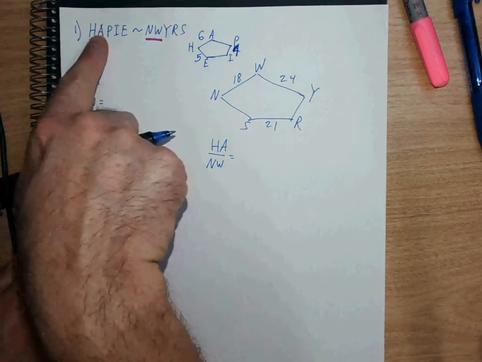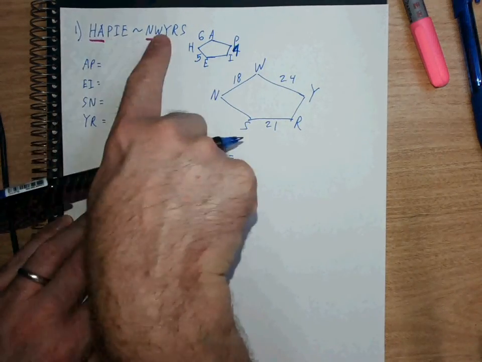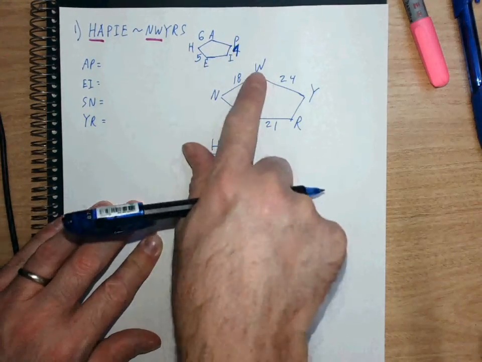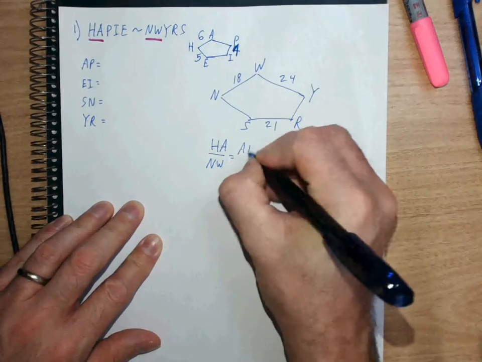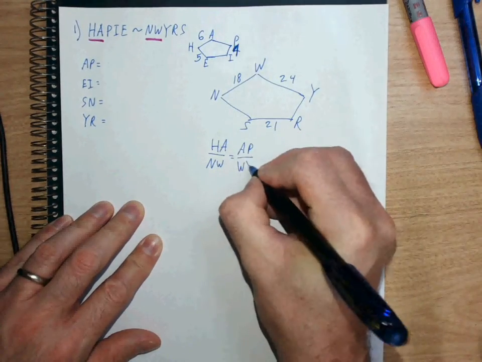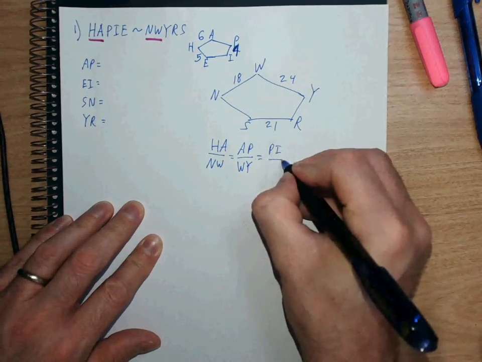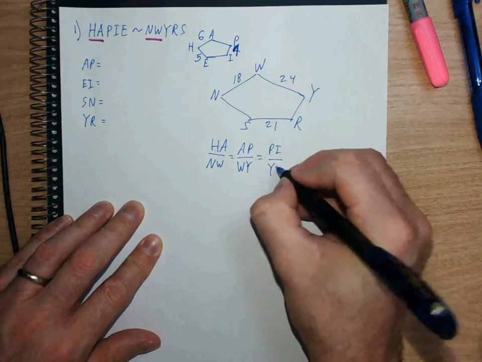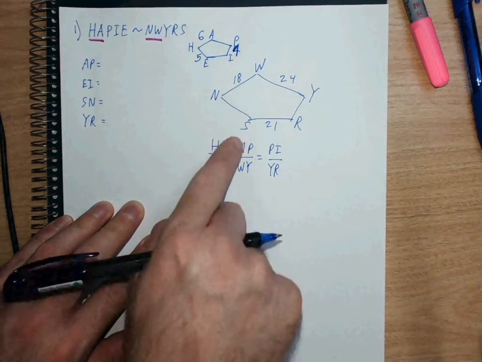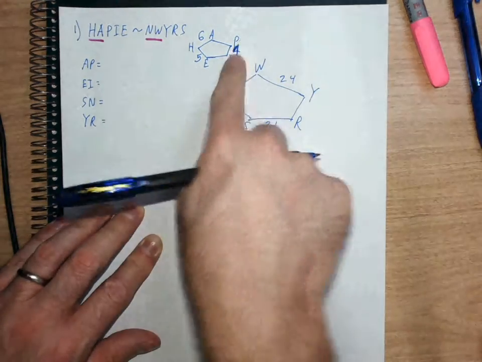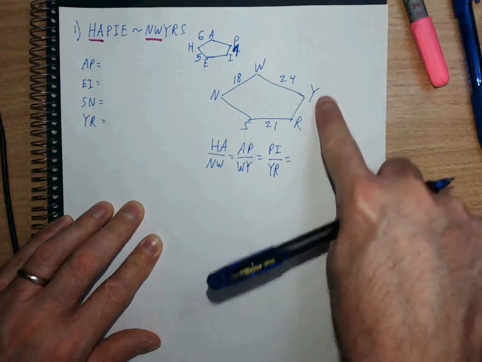You can see that the next corresponding one is AP corresponds with WY. And that corresponds with PI over YR. So whatever this ratio is going to be the same ratio here and the same ratio here. PI corresponds with YR.